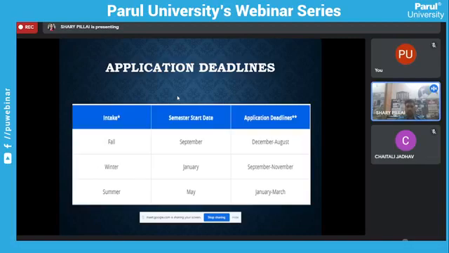Nationality is also a criterion when you choose the deadline, because we face this problem regularly. Students check a particular college website and it shows that the January intake is still open, but we tell them it is closed, and they say, no sir, it is open on the website. But it is not necessarily open for Indian students. There are other nationalities the college is still accepting applications from.